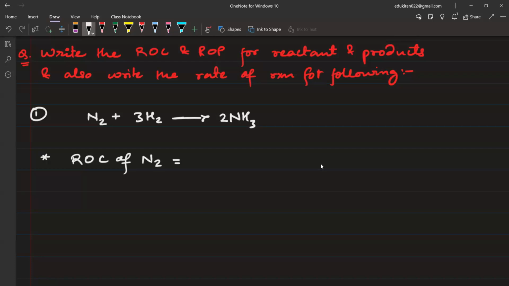You don't know what reaction is happening. You have a monitor that is only showing you the amount of nitrogen. That is why you are not going to write anything about the stoichiometric coefficient. You just have the data of nitrogen. So you'll write minus, because it is a reactant, delta N2 divided by delta time.